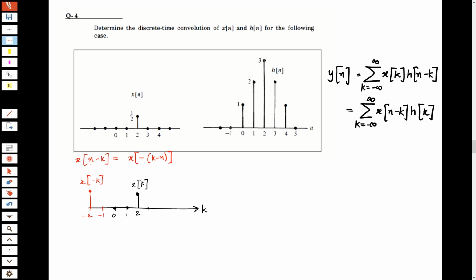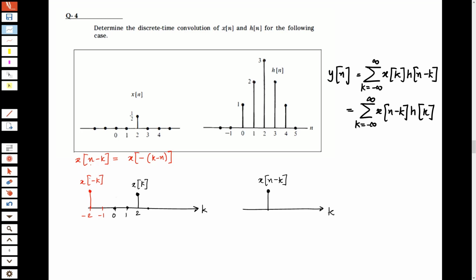So this scaling you have already done before. So this time you will have to shift it by n to the right side. You're basically doing a translation by n on the scaled version, right? So if this is x[-k], how would x[n-k] look like? In general, you would say x[n-k] would look something like this, where what is this point?